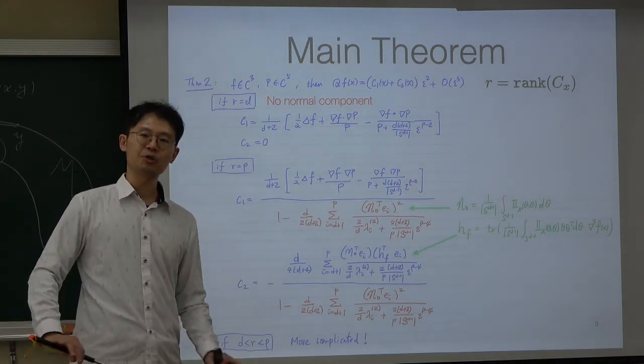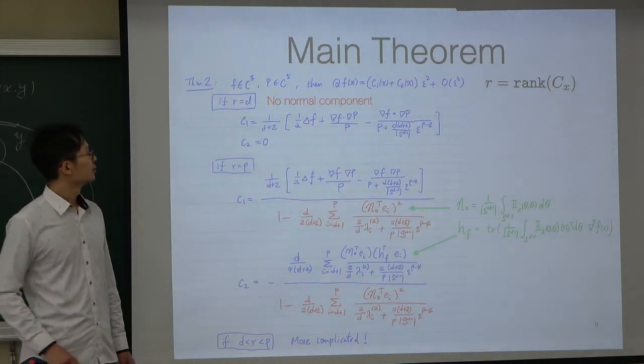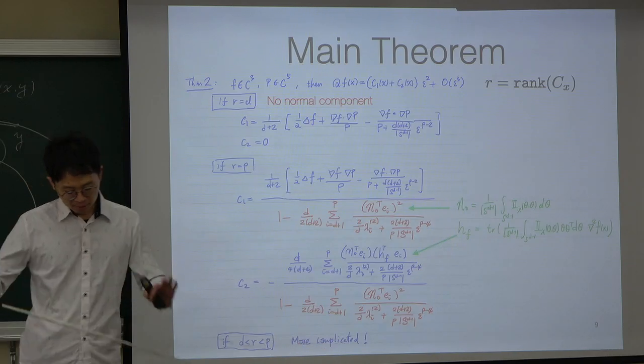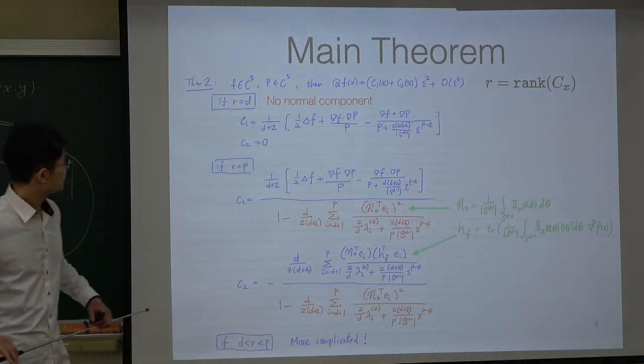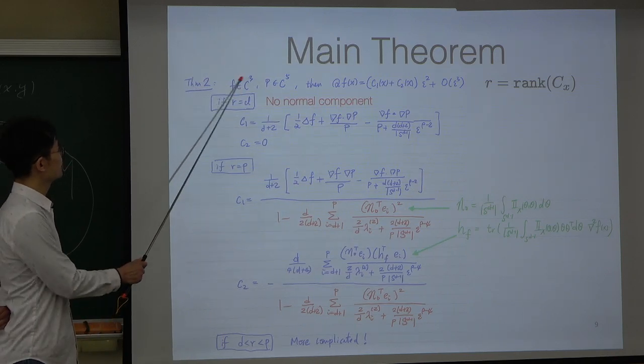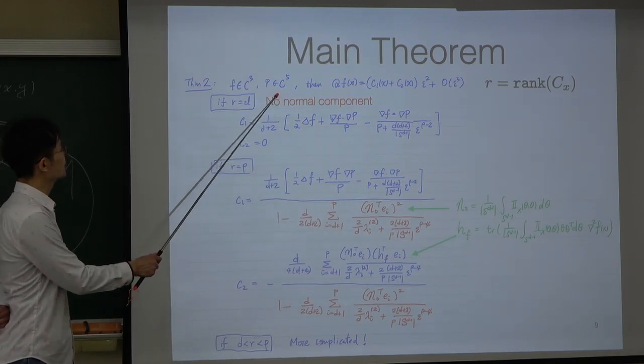Now I directly show you the theorem. You can find a more complicated version in the Annals of Statistics paper, but what it tells you is, suppose function f is C3 and the density function is C5.